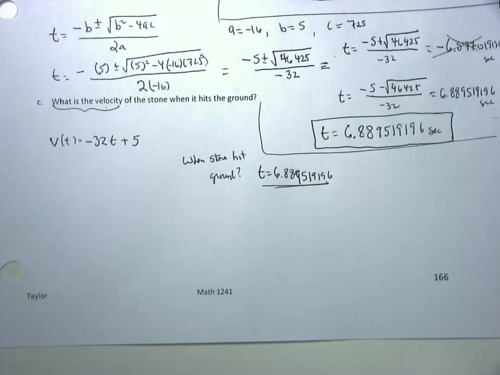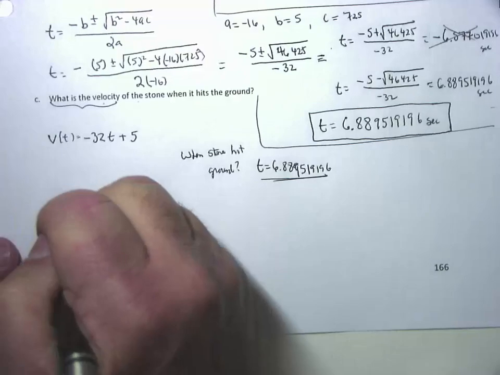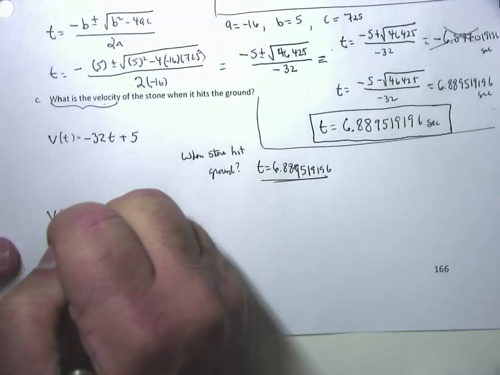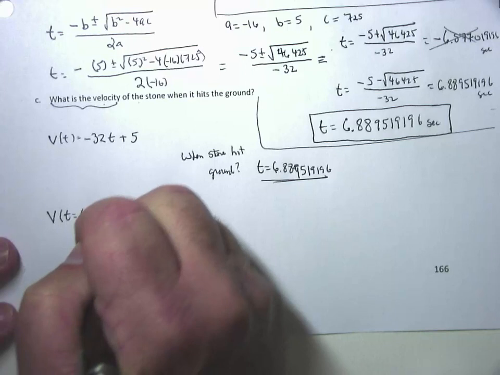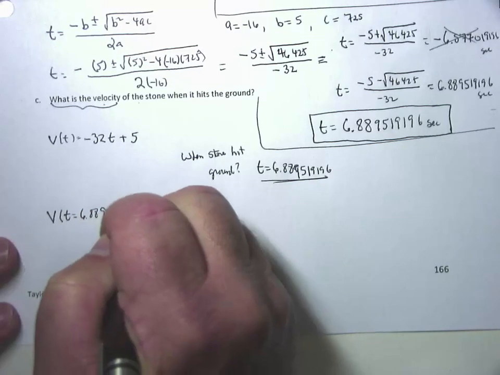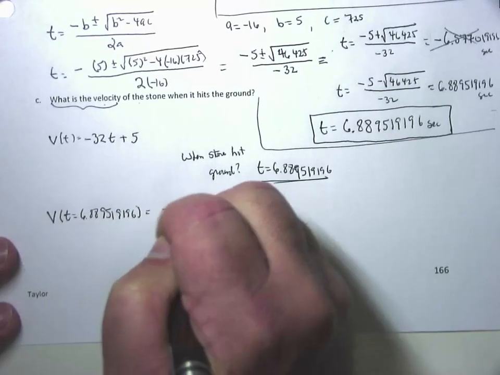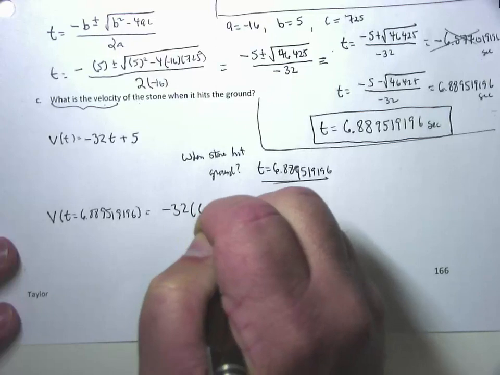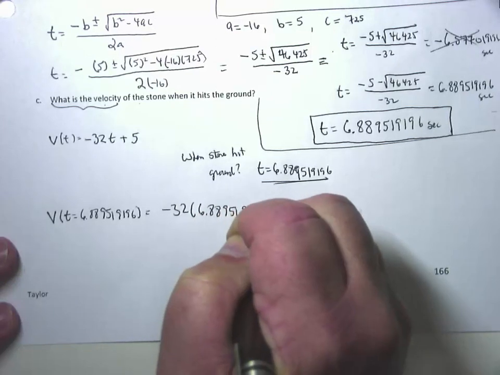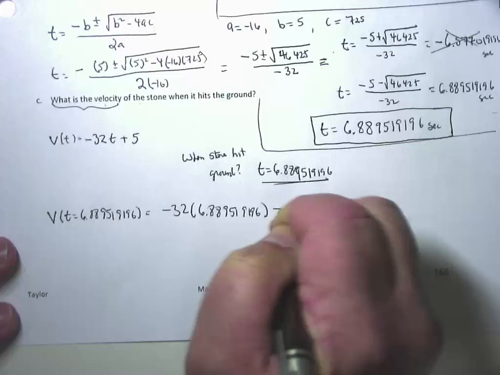Remember this, because sometimes they ask you what was the velocity when the stone hit the ground, and yet they don't ask you when did the stone hit the ground. You actually have to find that information out first. So to get the answer, it'll be V of 6.8895191996, which will be negative 32 times 6.8895191996 plus 5.